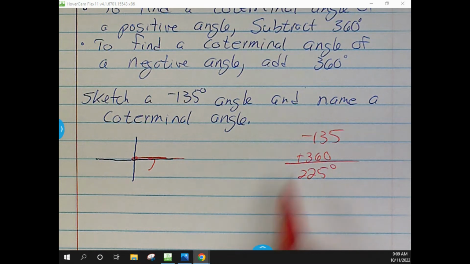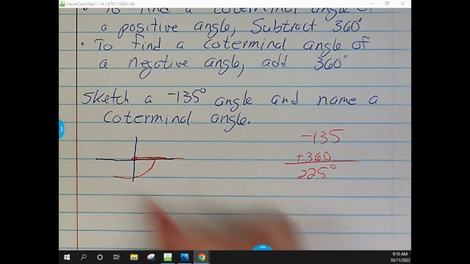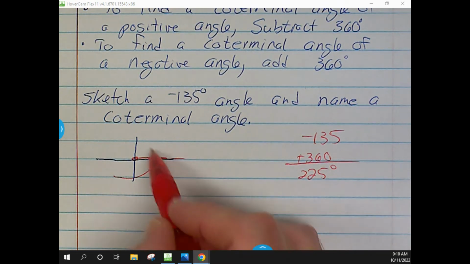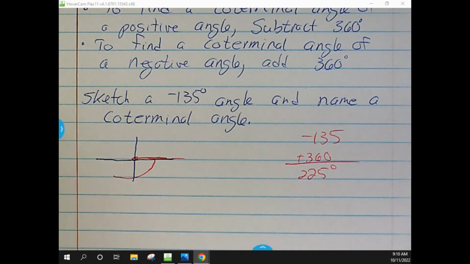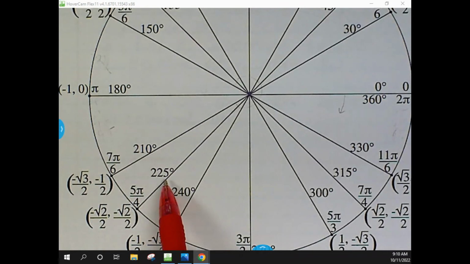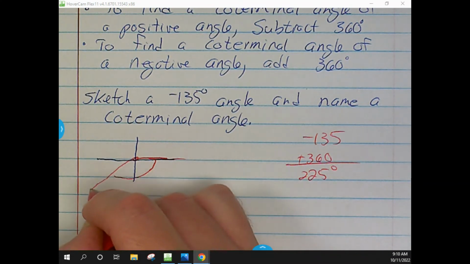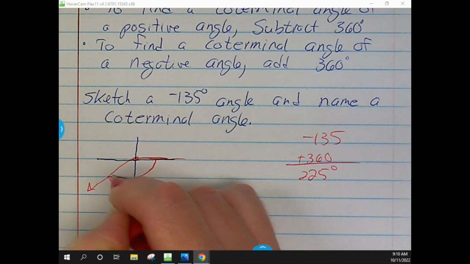So negative 135 this way is going to end up at the same angle as 225 degrees if we go this way. So basically that's going to put us right there at that 225 degree mark, which means it should be something like that.